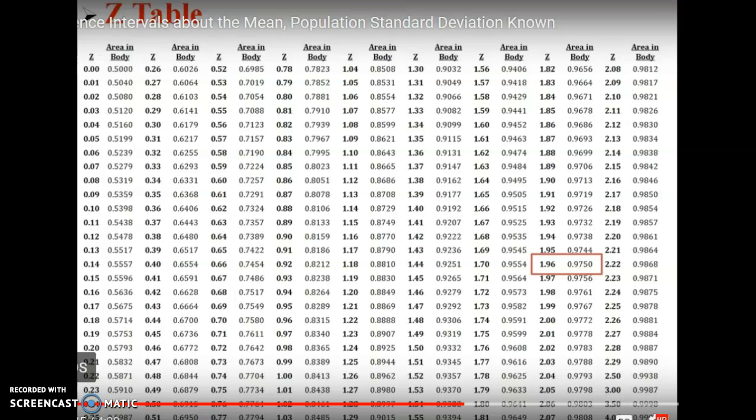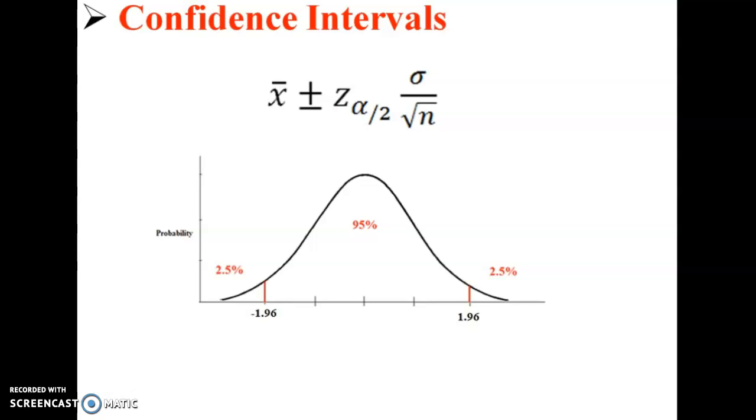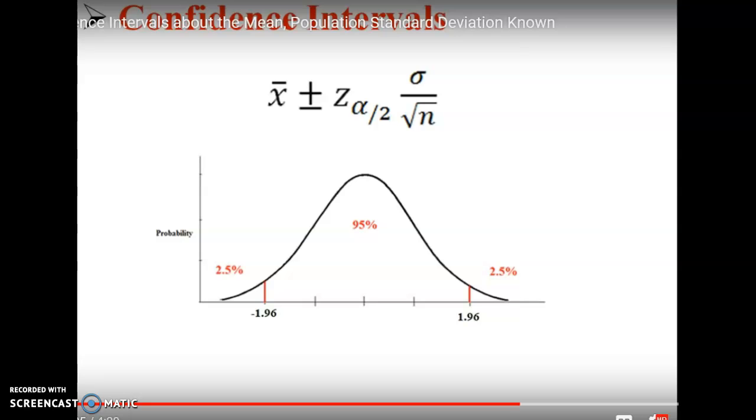Basically, you would just memorize this when it's a 0.05 alpha level. You'll use 1.96 plus or minus. So he's showing it to you there, the actual numbers that you'll use.